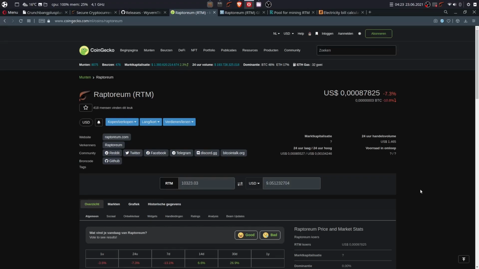What are my plans for Raptoreum? I'm definitely gonna keep mining it. Seems to be interesting project with a lot of potential. Definitely it is worth to mine it now, as mining difficulty is fairly low.